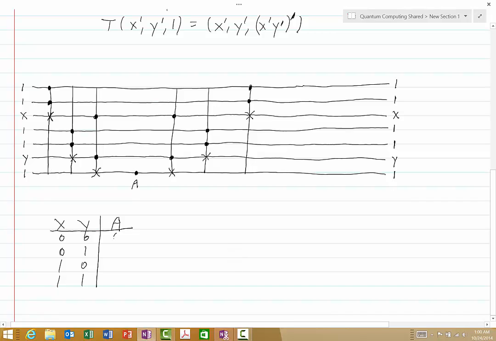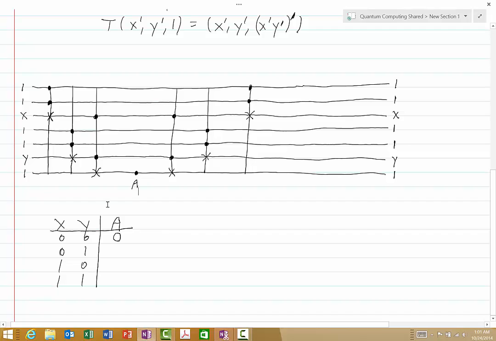So in the case when X and Y are both 0, then both of them are going to get inverted to 1s, and when both of these are 1s, this will invert this 1, and A will be 0.